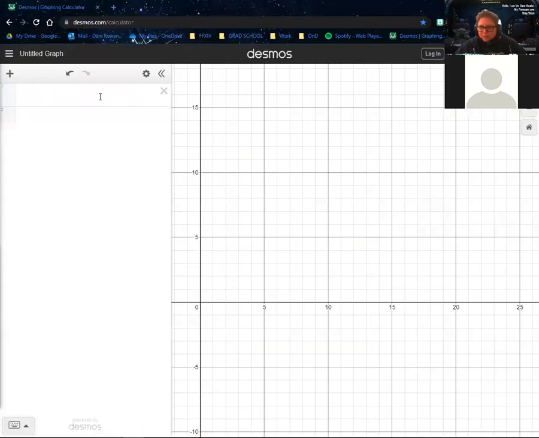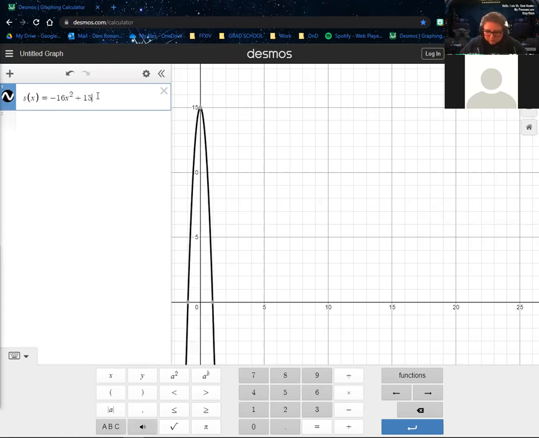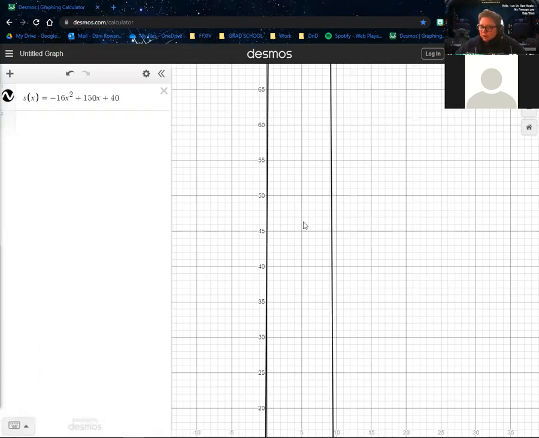Again, really quick way. If you bust out your calculator and we just type S of t, actually we'll say y equals negative 16x squared plus 150x plus 40. We have our graph.